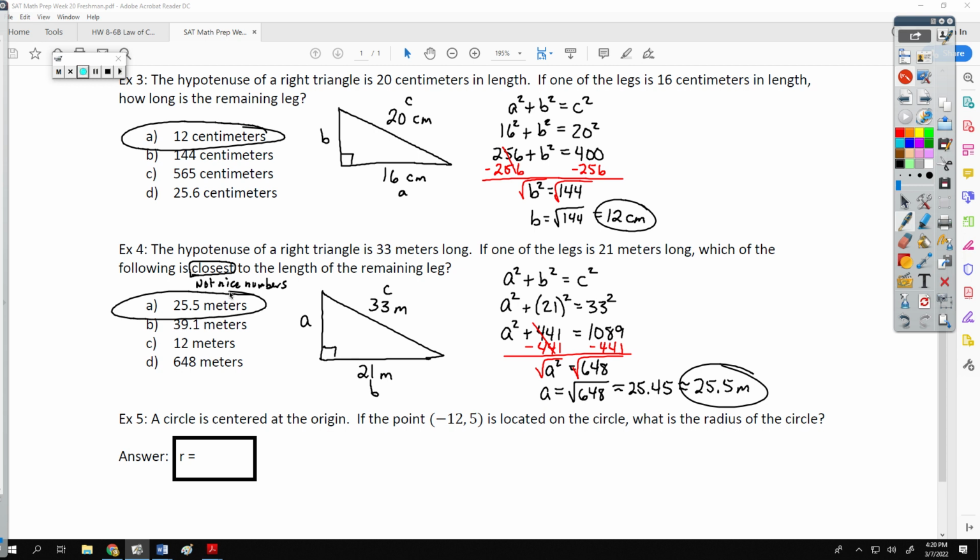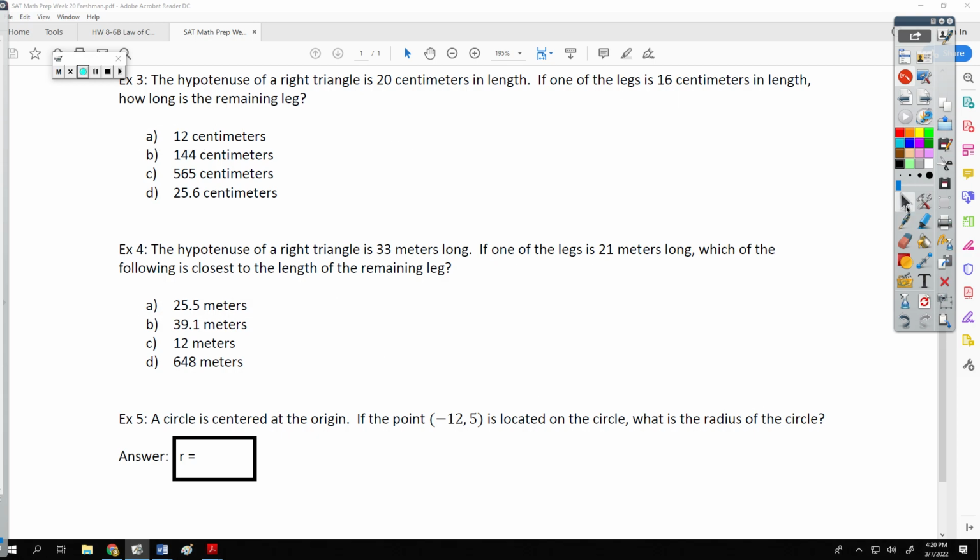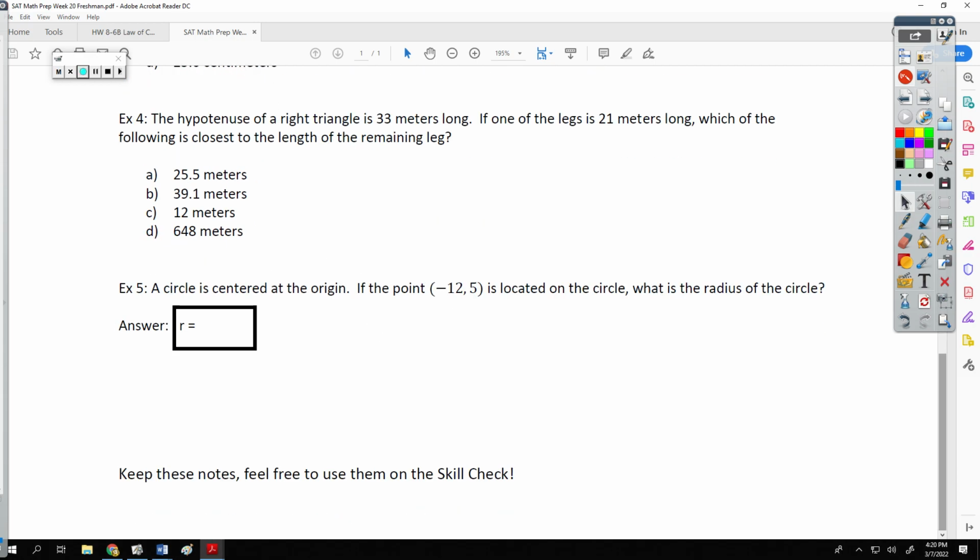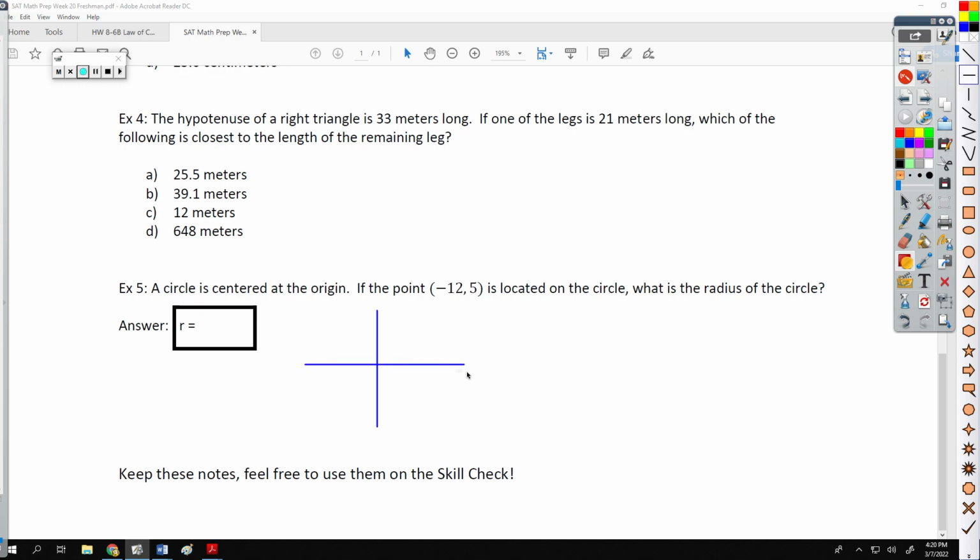All right, our last example here, example 5, is going to be an application of Pythagorean theorem. So let's take a look at that one. It says a circle is centered at the origin. So if we think about what that looks like, that means that we are looking at a coordinate plane like this one. It might take me a minute to get this picture right.